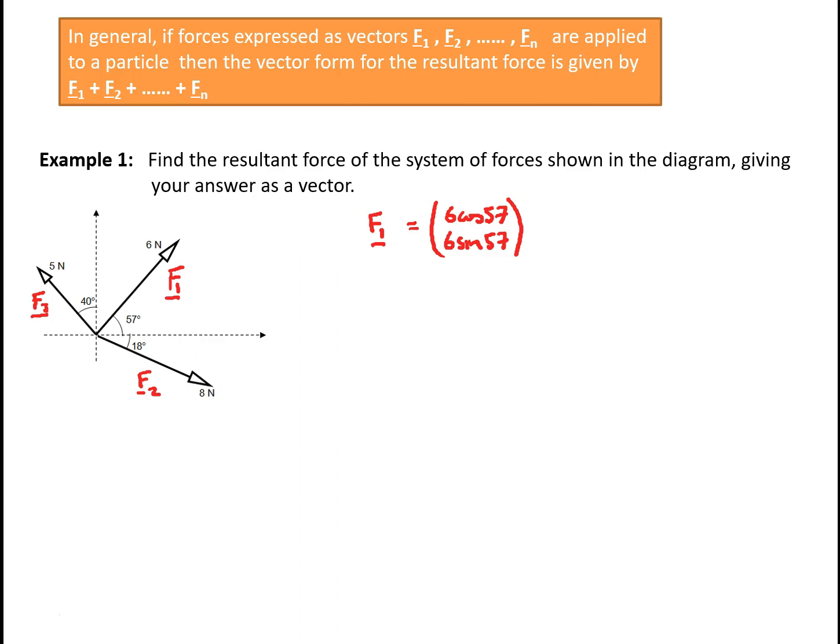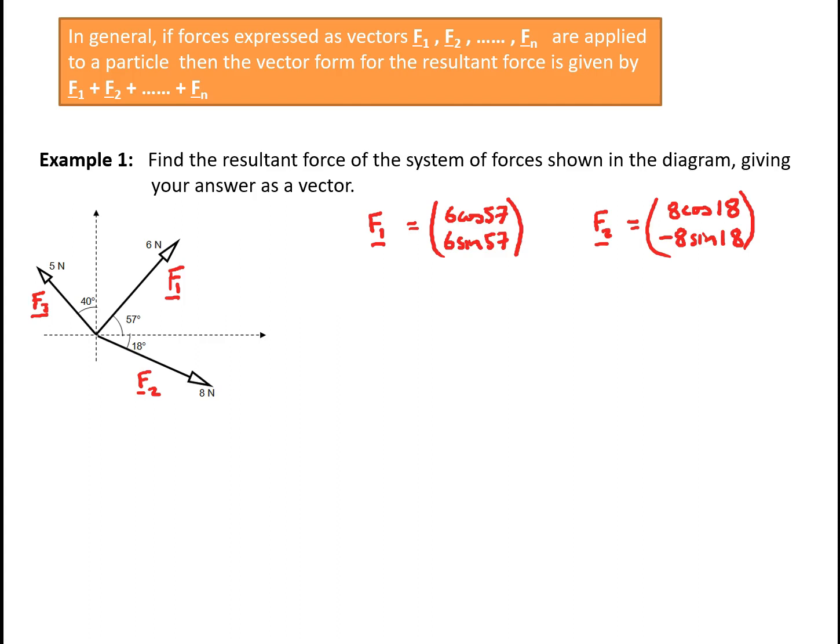F2 makes an angle of 18 degrees below the x-axis, so we can resolve F2 as being 8 cos 18 in the x direction and minus 8 sin 18 in the y direction.